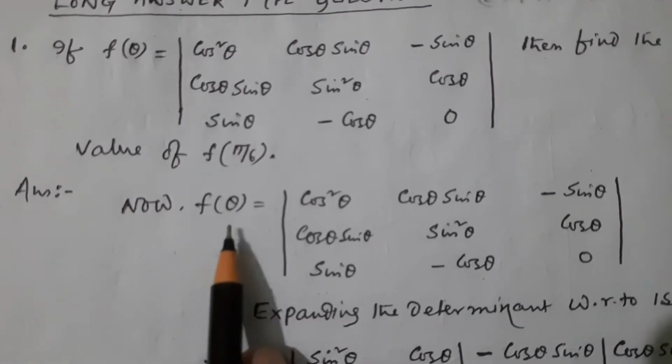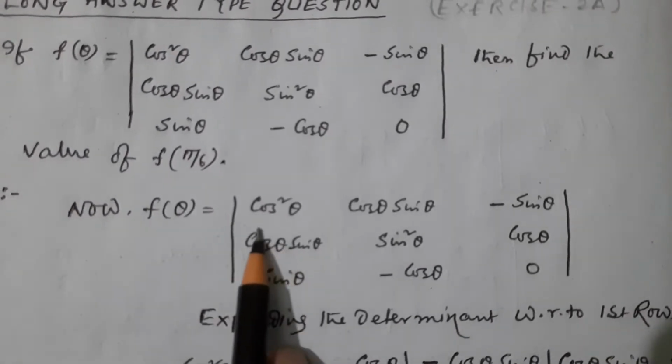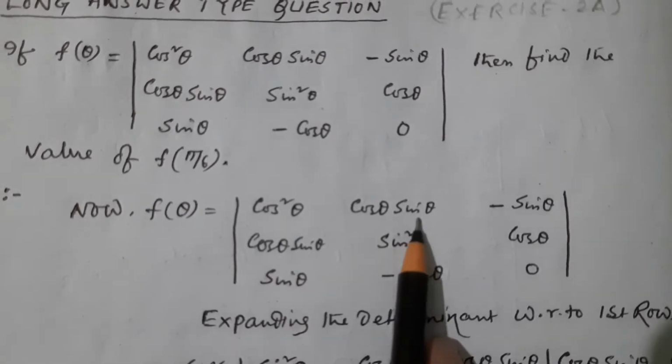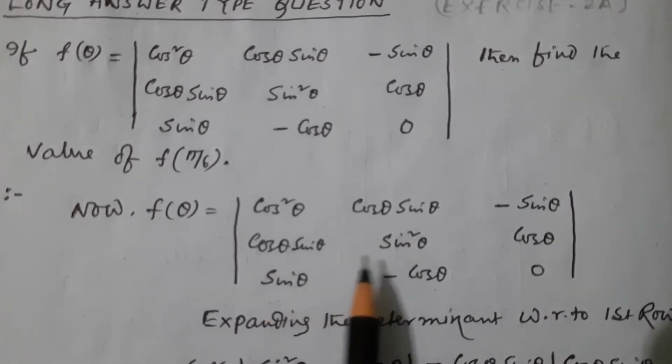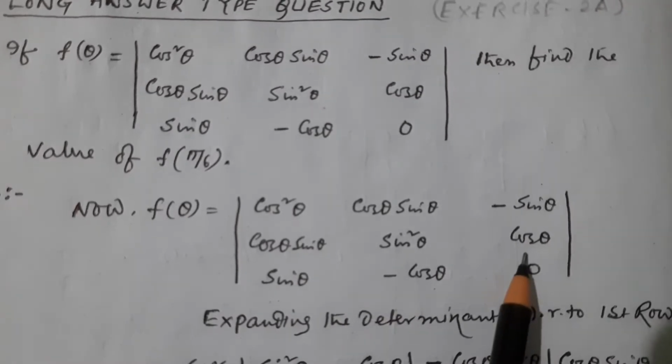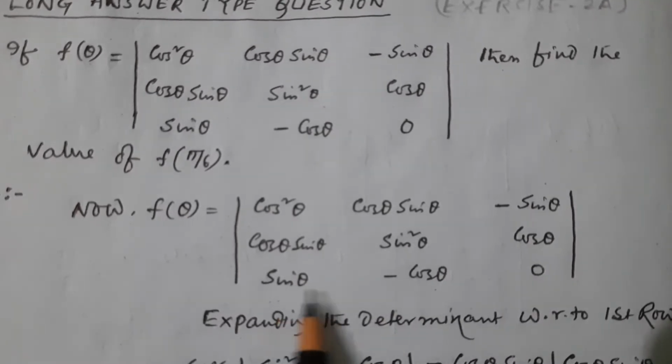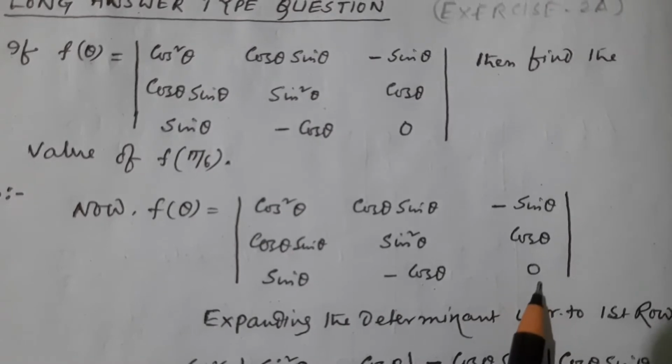Now f of theta is equal to the determinant cos square theta, cos theta sin theta, minus sin theta, cos theta sin theta, sin square theta, cos theta, sin theta, minus cos theta, 0.